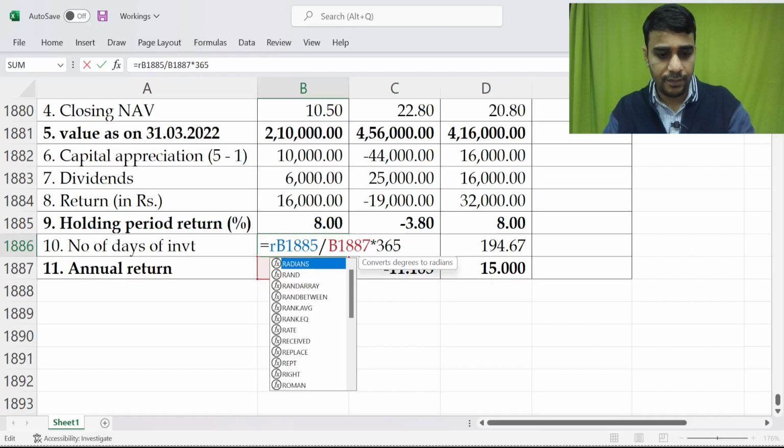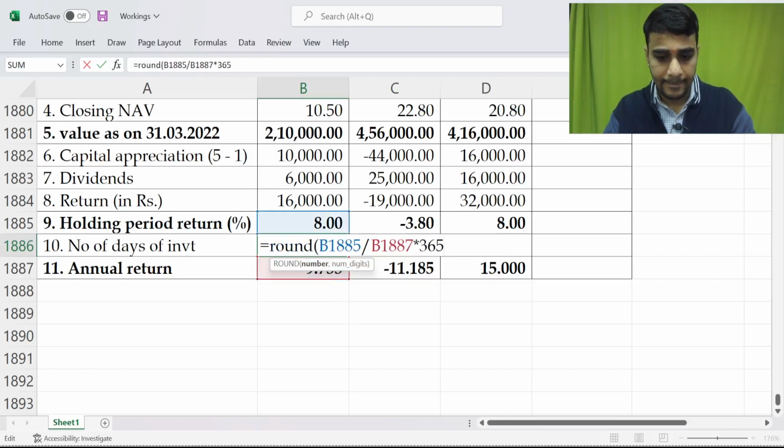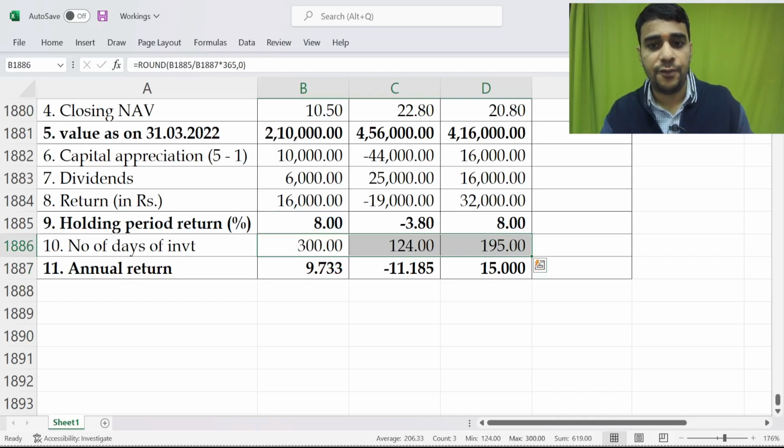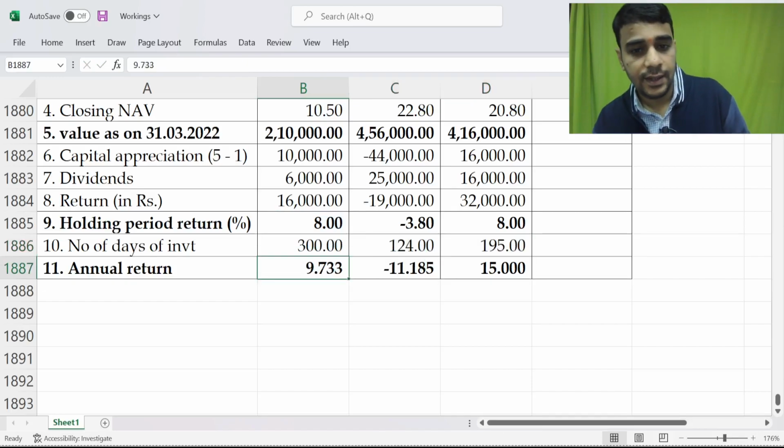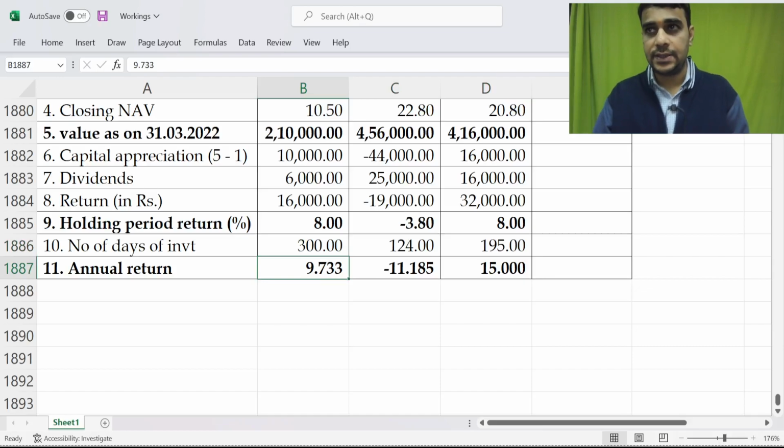We can round off the number of days: 300 days, 124 days and 195 days. Holding period return into 365 by number of days is annual return.